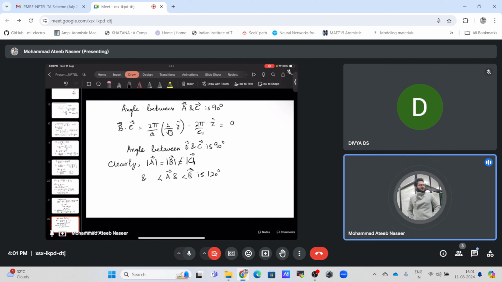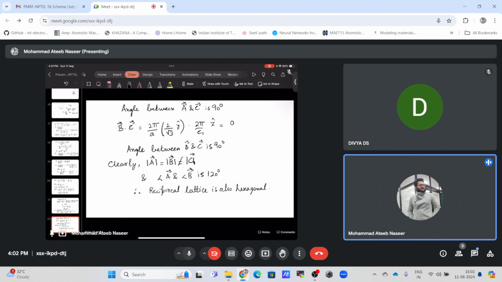So what you can say is, therefore, the reciprocal lattice is also hexagonal.